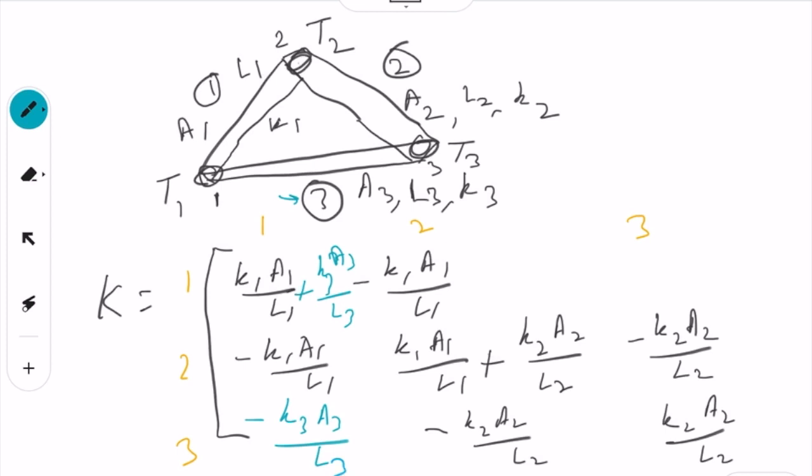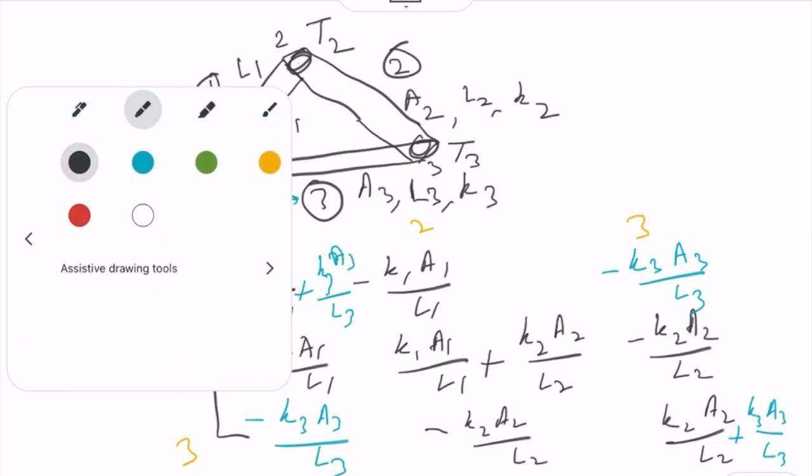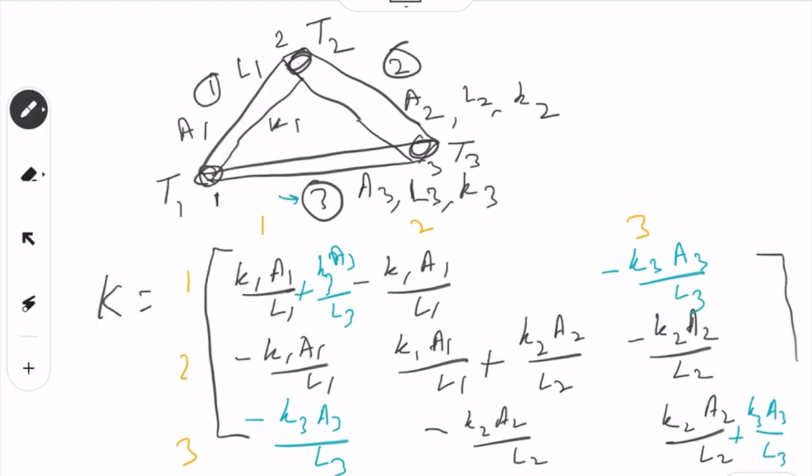Here also minus K3 A3 over L3, and here will be plus K3 A3 over L3, right? And hence we get this.